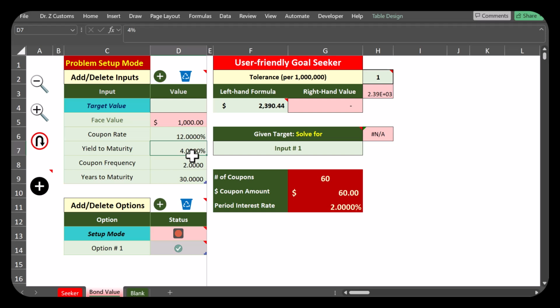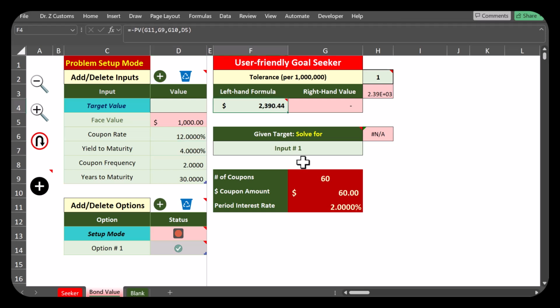Then it's going to make another, what you want to call, $1,000 payment. Since the coupon rate is a lot higher than yield to maturity, you have to pay a lot more for this bond.